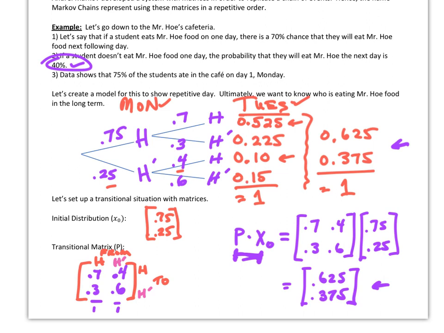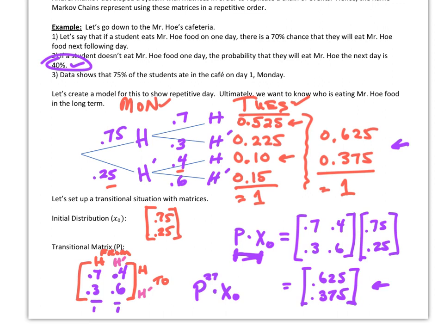Cool. Now, Mr. Holt wants to know what happens down the line. So what I'm going to do is do this repetitively. And since my transition matrix is a square matrix, I can, for instance, go ahead and go P to the 27th times X naught. That's going to tell me what happens after 27 transitions.